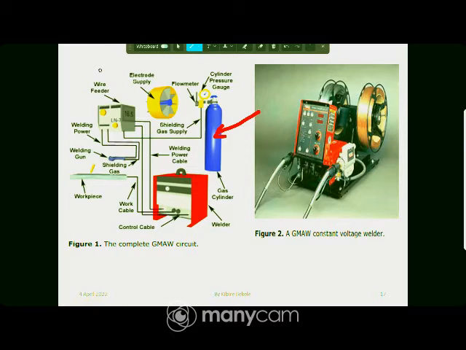In some cases the electrode wire feeder is inside the welding machine, and in other cases there is an external wire feeder. The wire feeder unit is a part of the equipment of gas metal arc welding.